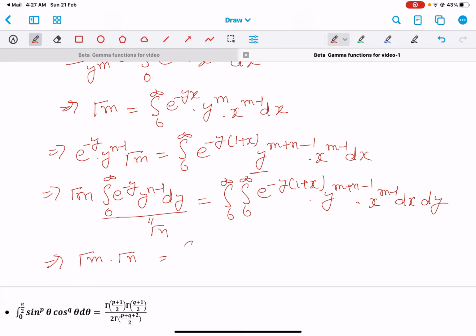So this comes out to be then integral 0 to infinity. This expression may be written as integral 0 to infinity e to the power minus (1 plus x) y into y to the power m plus n minus 1 into x to the power m minus 1 dy dx.